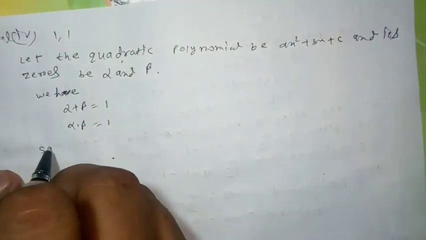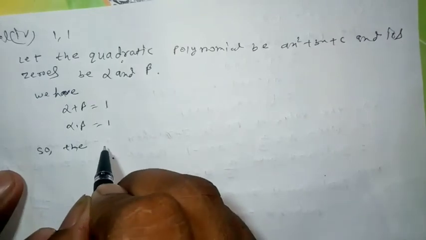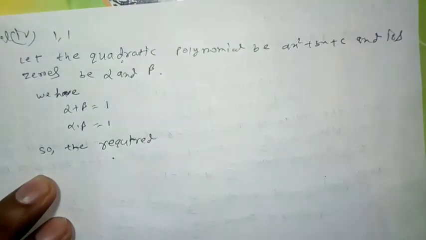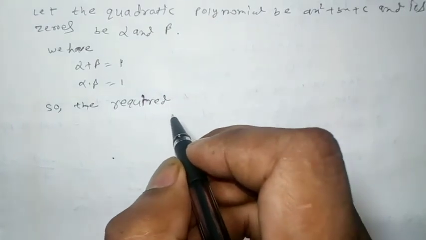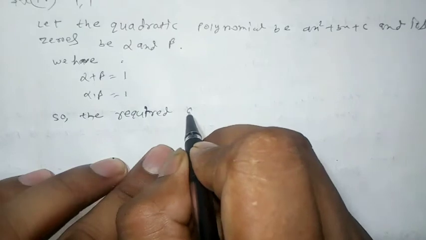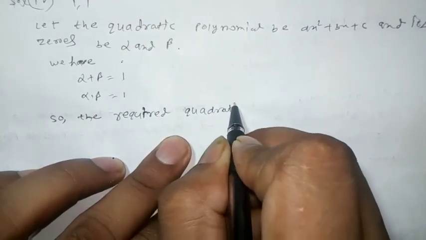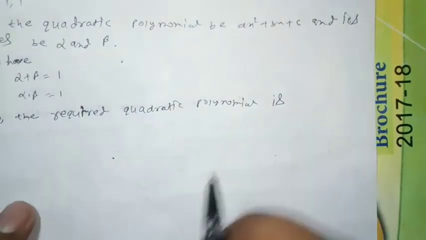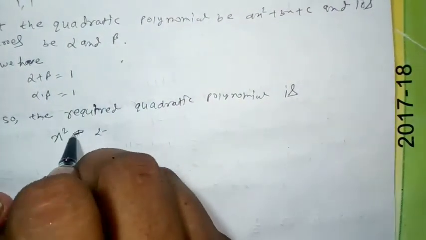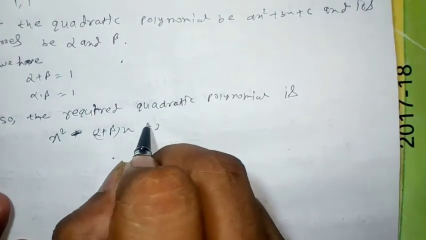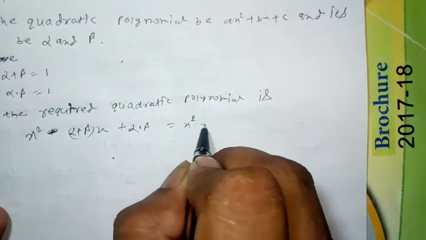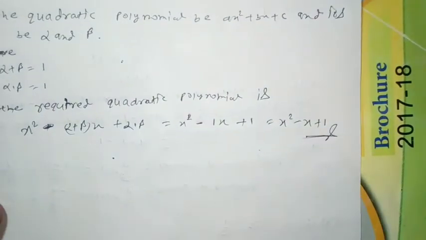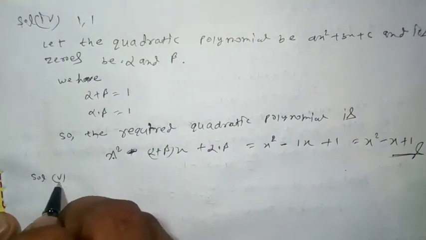Okay, so the required quadratic polynomial is x square minus (alpha plus beta) into x plus alpha into beta, which is x square minus 1x plus 1, which is x square minus x plus 1. Answer.